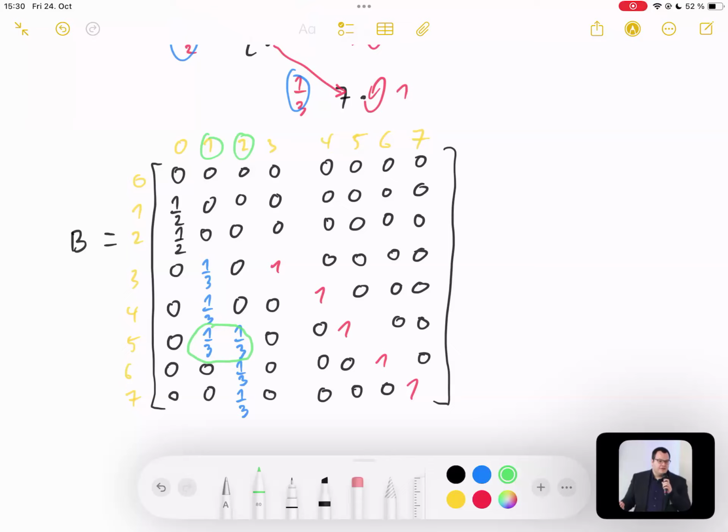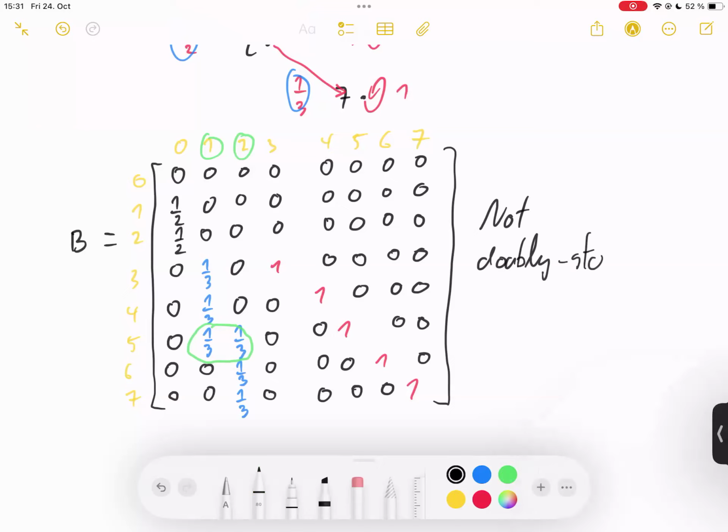And this is one of the questions we got early from a student. He asked if the sum of the weights is not 1. So we see this matrix is not doubly stochastic.